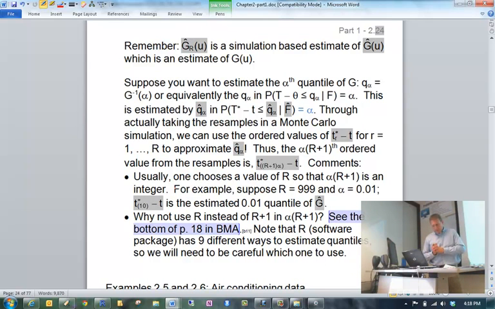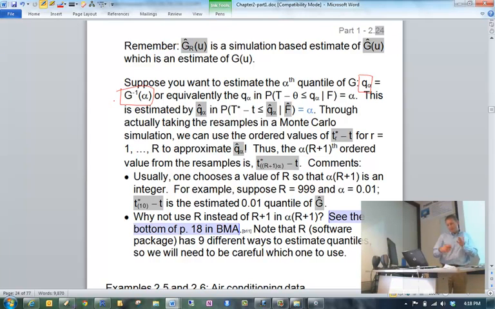Well, what can we do? Let's define q sub alpha as the alpha quantile from g. Notice the notation I use here is the inverse of the CDF of g, evaluated at alpha.